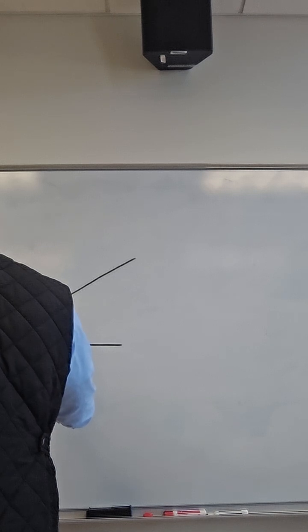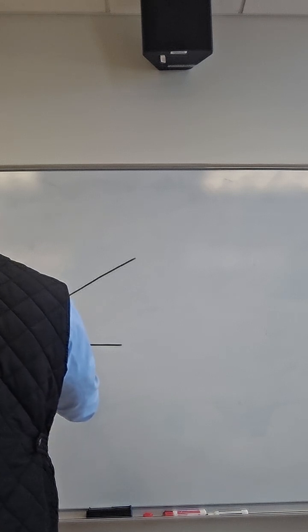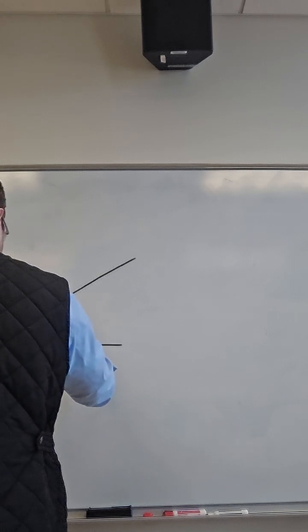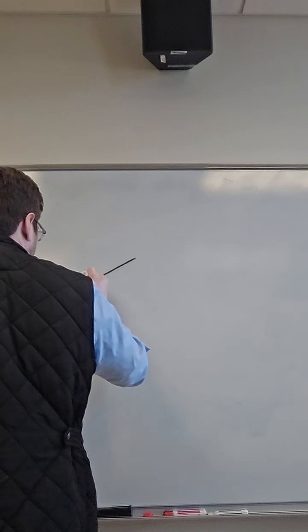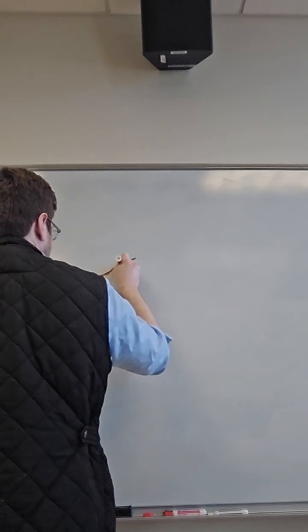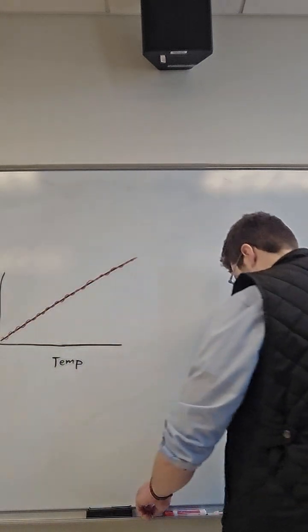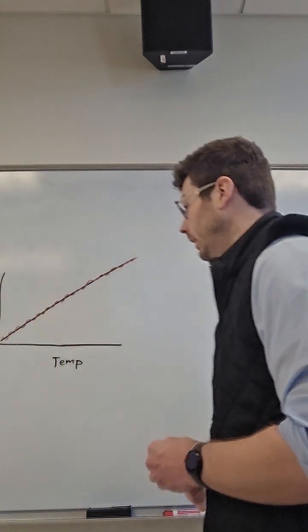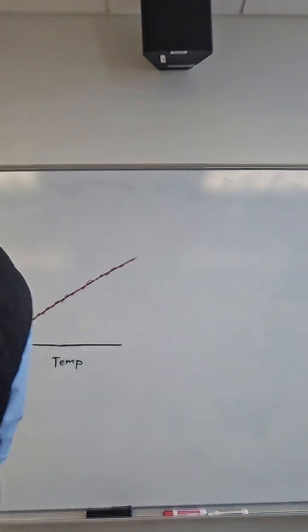Okay, but reality is a little bit different. This line will be like that, except that it'll have some variation, right? Random noise will be in there. The sensor will be a little bit off. Pressure will be changing a little bit and messing with us. Okay, we'll have a little bit of fuzzy variation in that signal.